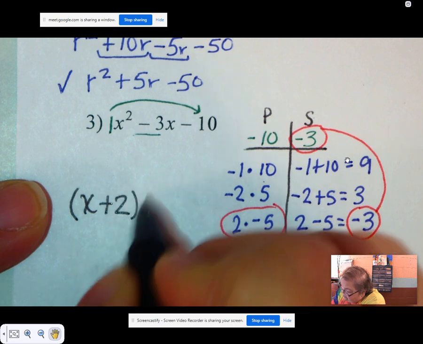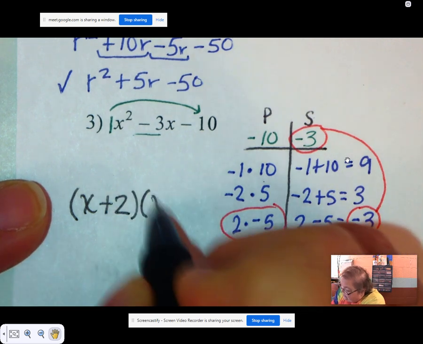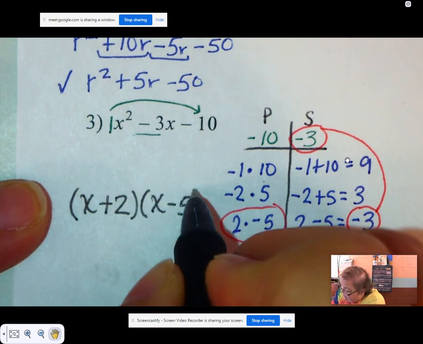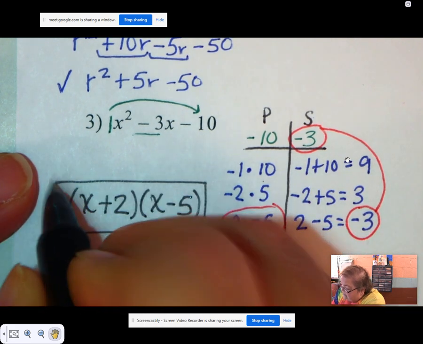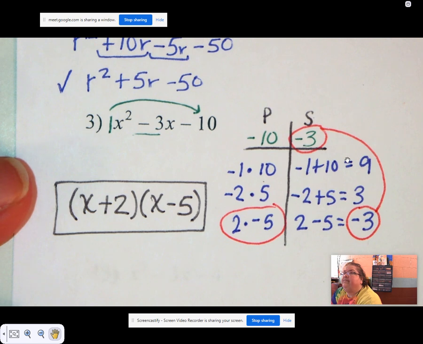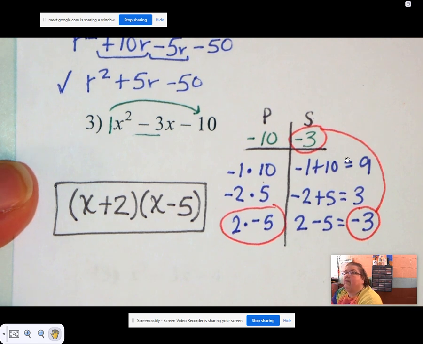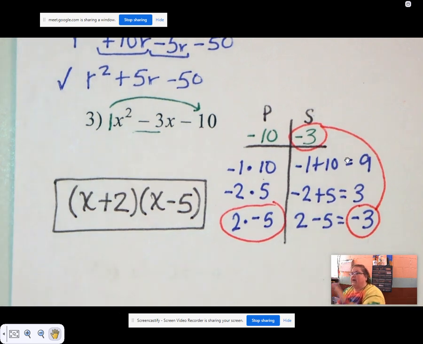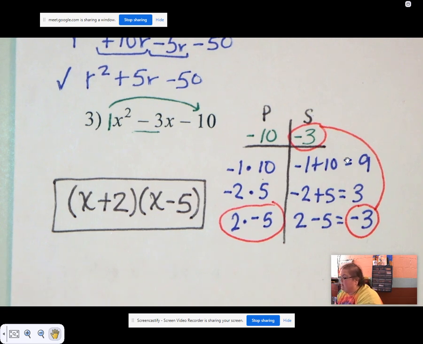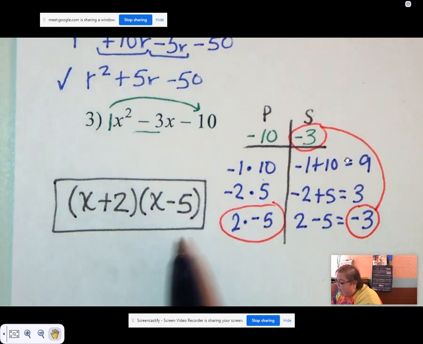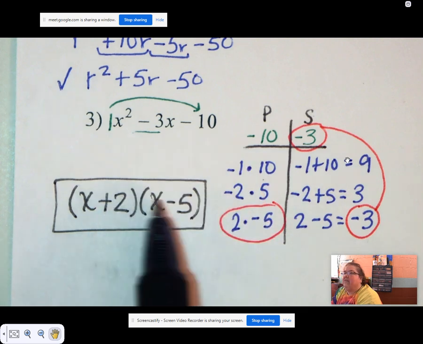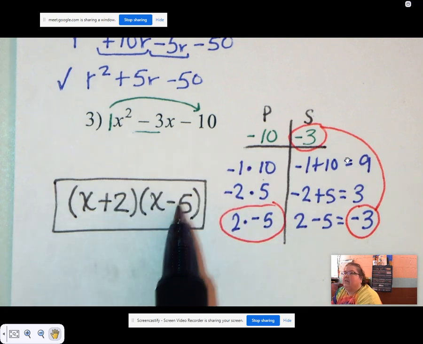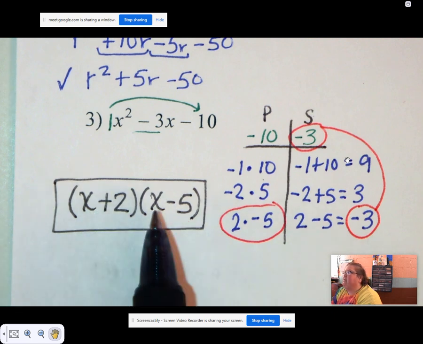Positive 2. What kind of 5? Negative. And that's my answer. And it goes along with my note to self that says, if I have a negative product, what do the signs have to be? Opposites. So these are opposite signs.